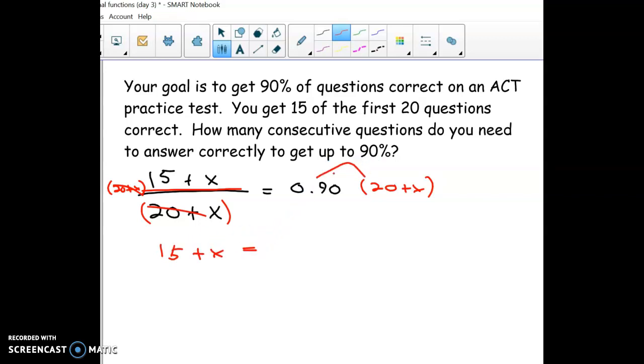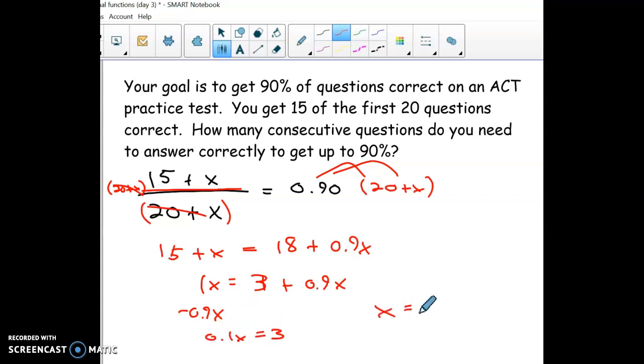Then on the other side, I'm going to distribute that, so that would be 18 plus 9/10 x. Now I would subtract 15 from both sides, so we get 3 plus 9/10 x, and then we can subtract 9/10 x from both sides. So this is 1x, take away 9/10 of an x, so that'll leave you with a tenth of an x.